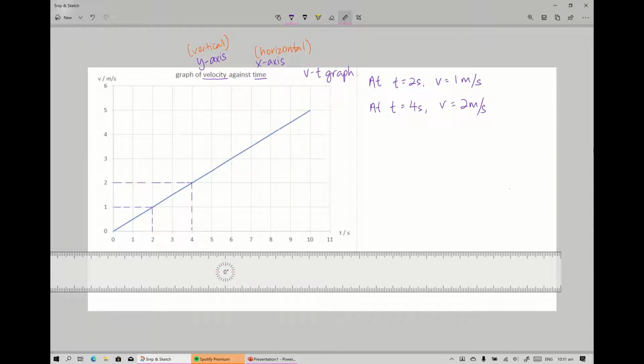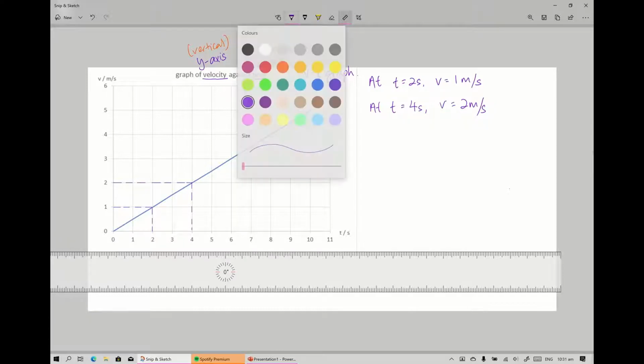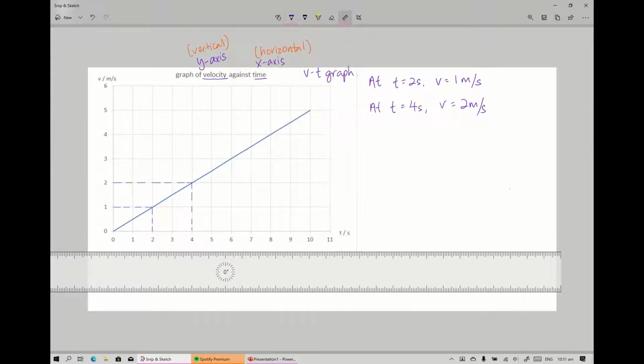Now, from what you have read earlier on, when time increases by 2 seconds, velocity increases by 1 meter per second.